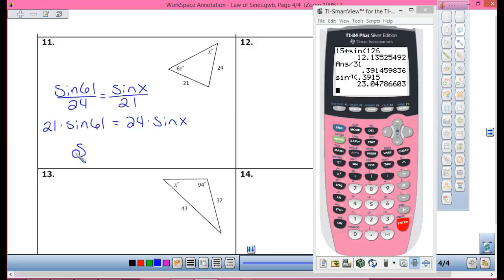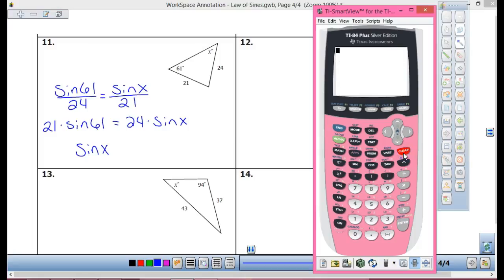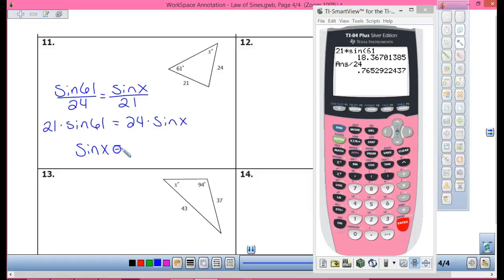Yeah. Okay. I'm asking because we don't all have the same answer, so we've got about 4 or 5 different answers floating around out there. So 21 times the sine of 61, right? Divided by what? 24. Now, it is important that you go at least 4 decimal places. Okay, so sine of x equals 0.7653.